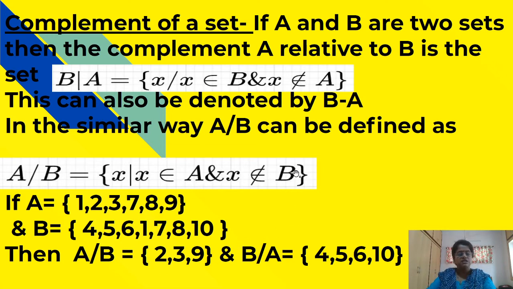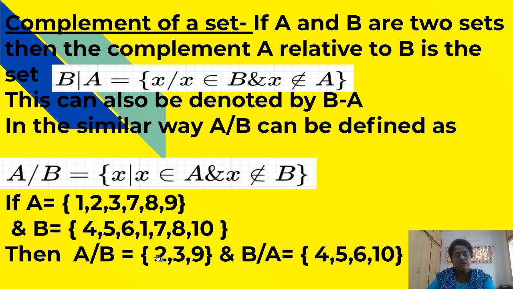Now we will see one example of both. Suppose A is equal to {1, 2, 3, 7, 8, 9} and B is equal to {4, 5, 6, 1, 7, 8, 10}. Now first we will see what is A upon B. According to the definition, A by B will contain such x which belong to A but x does not belong to B. And such 3 elements we will get.